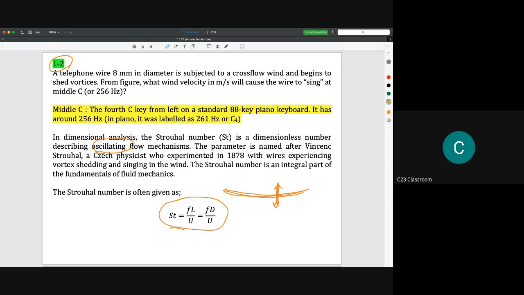So this question will answer the Strouhal number, but what I want you to know is that if you want to solve certain problems, please make sure that you are using the correct dimensionless number.